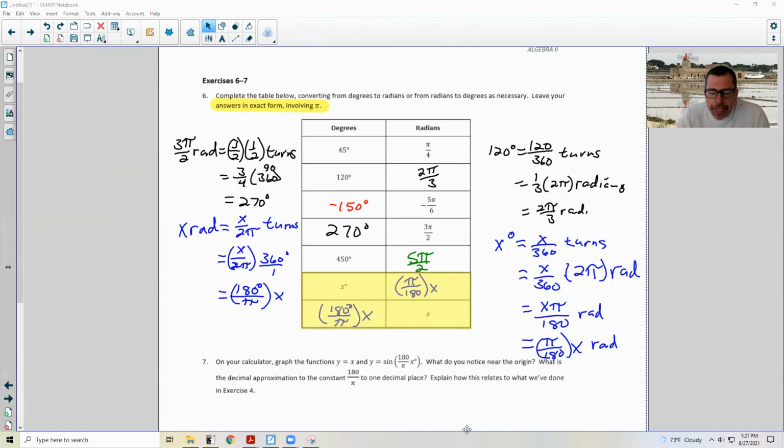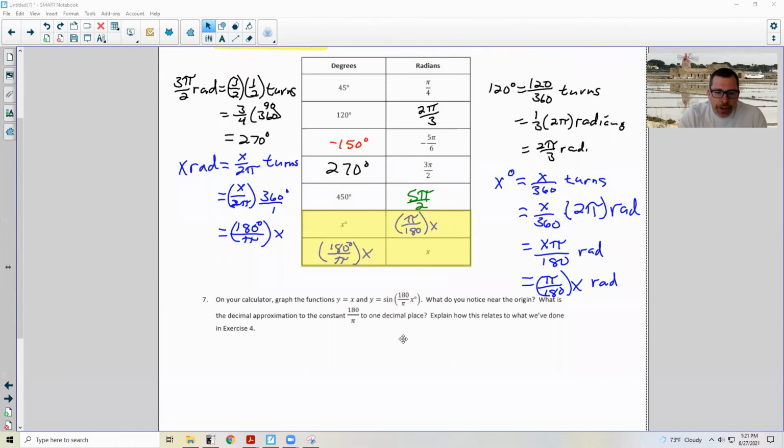There we go. So that is the whole key to what we just did to find out how to convert between radians and degrees. So if you're going from degrees to radians, you multiply by pi over 180. And if you're going from radians to degrees, you multiply by 180 over pi.